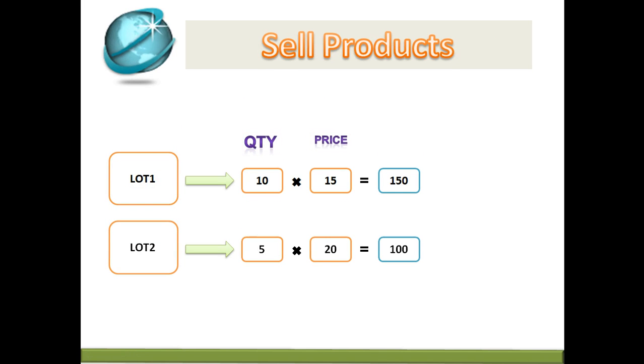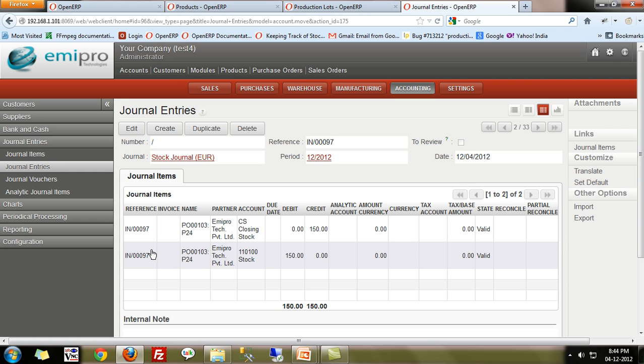Now we will be selling the product. Now as it is a FIFO method, first of all the quantities will be consumed from lot 1. Let's sell 10 quantities from lot 1 and let's sell 5 quantities from lot 2. Let's move ahead and let's see this.